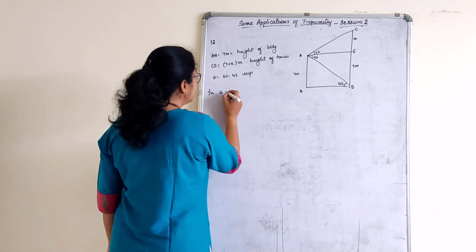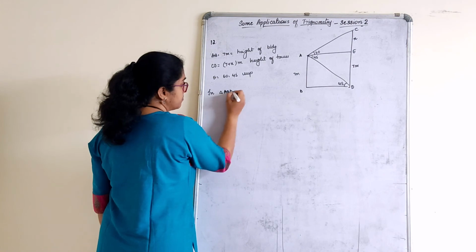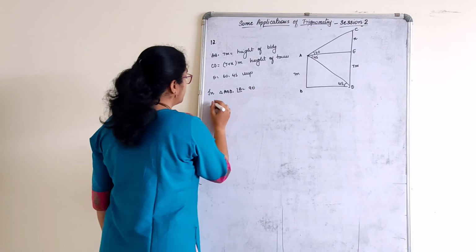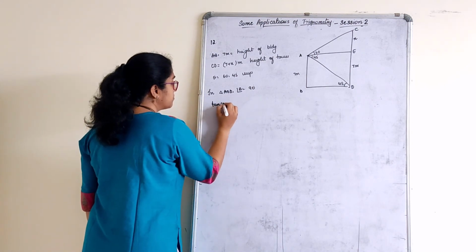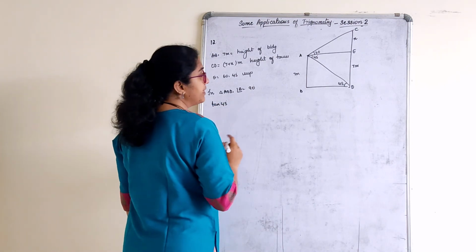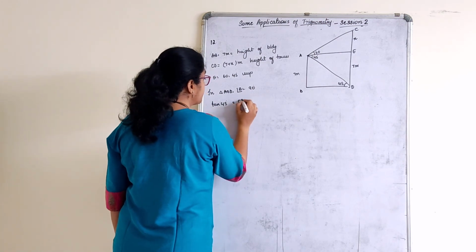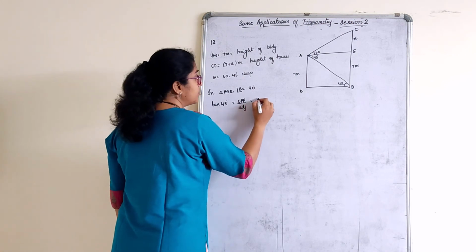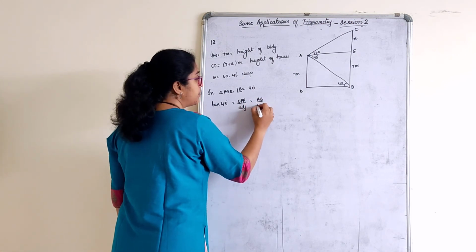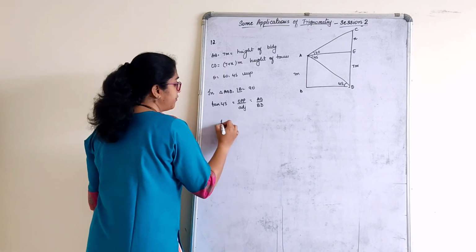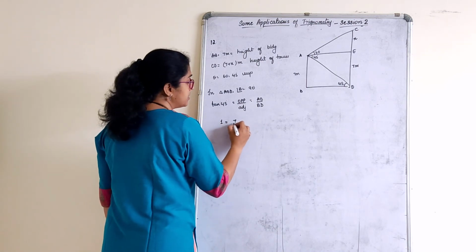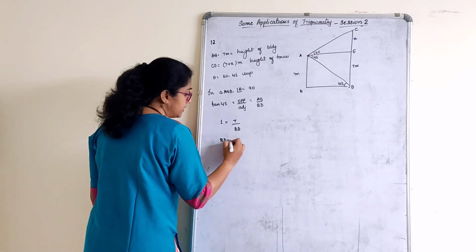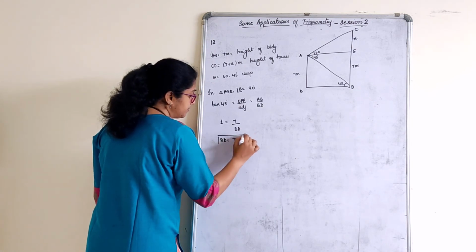In triangle ABD, angle B is equal to 90 degree. Tan 45 degree is equal to opposite upon adjacent, which is AB upon BD. Tan 45 is 1, opposite is 7, then upon BD. Therefore, BD is equal to 7 meter.